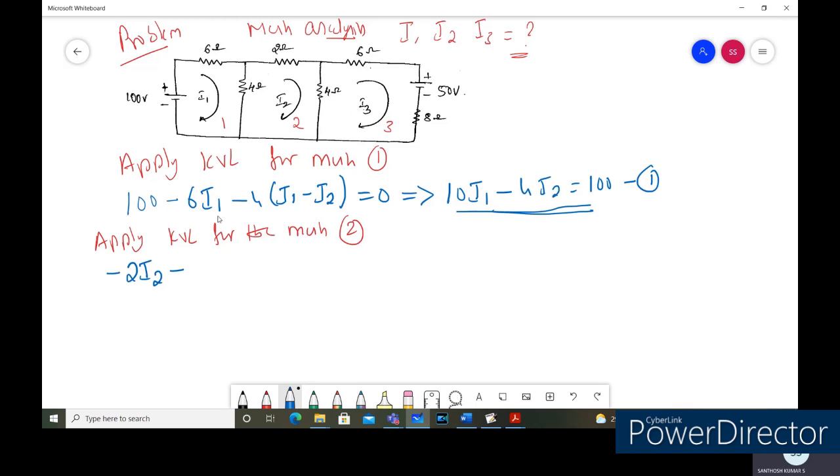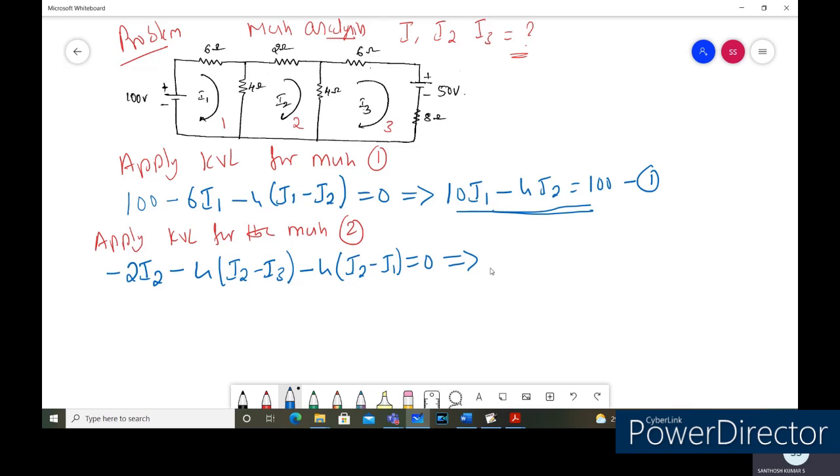One is I2, other one is I3. So it is minus 4 into (I2 minus I3) minus the 4 ohms. Again, the two currents are flowing. One is I2 and I1. So it is minus 4 into (I2 minus I1) is equal to 0.